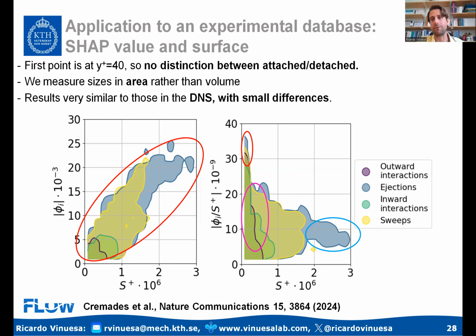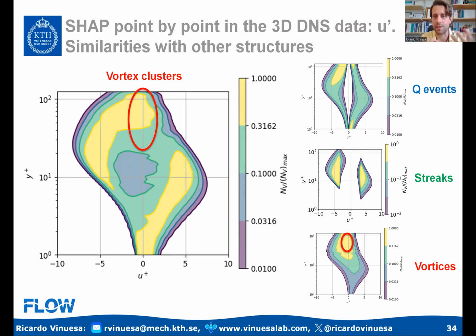So when you define importance point by point, without any hypothesis, without any preconceived idea, the most important structures are actually, in some places, Q events, in some places, streaks, and in some places, vortices. So all these classical structures that people have been looking at were not really wrong.